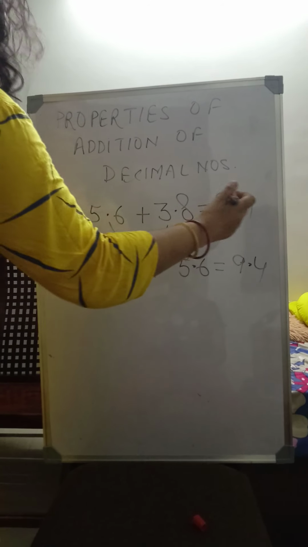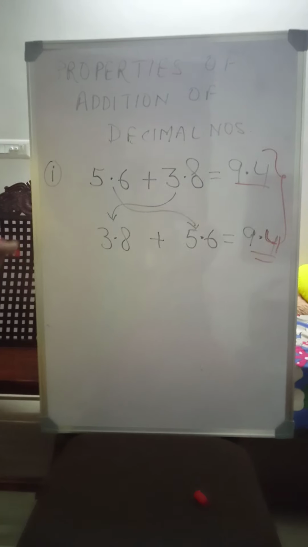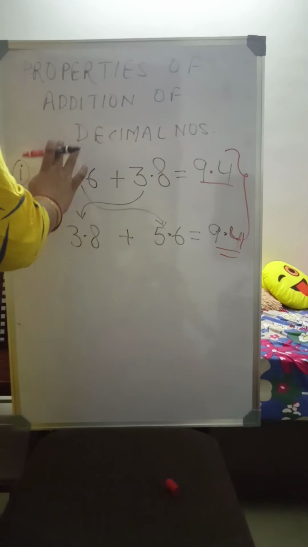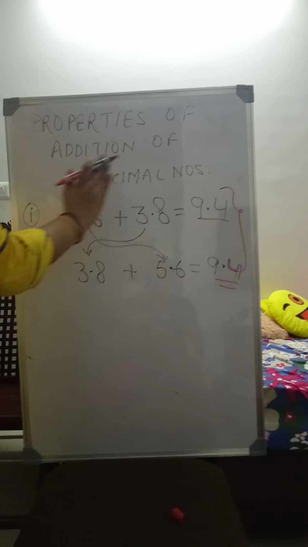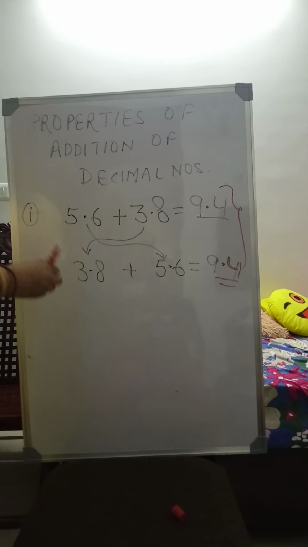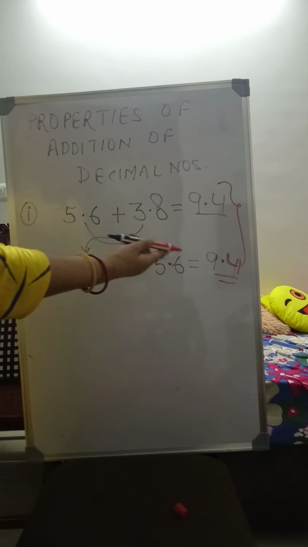So here all of you see that this 9.4 and 9.4, the sums, are both equal. So what is the meaning? If we change the order of the addends, then the sum remains the same.